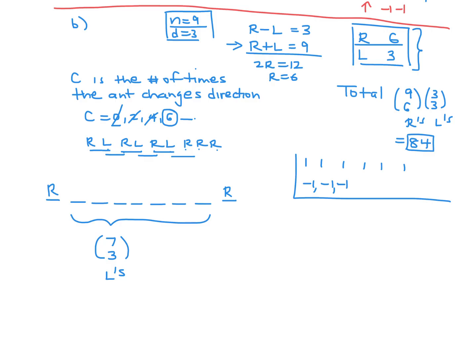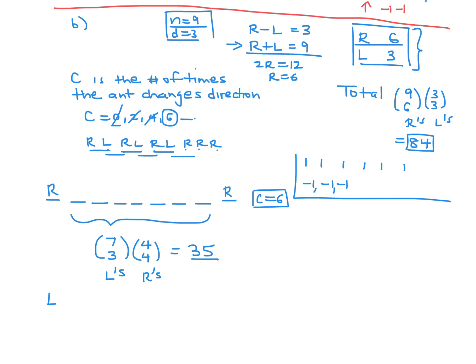Got it? And then from the remaining 4 spots, you choose those 4 for the r's. And that doesn't really even need to be put in there, since 4 choose 4 is just 1, but I just put it in for the sake of completion. If we calculate this, 7 choose 3 is 35. Okay, so this is a scenario where the number of direction changes, C, would equal 6. And there's 35 possibilities, arrangements.